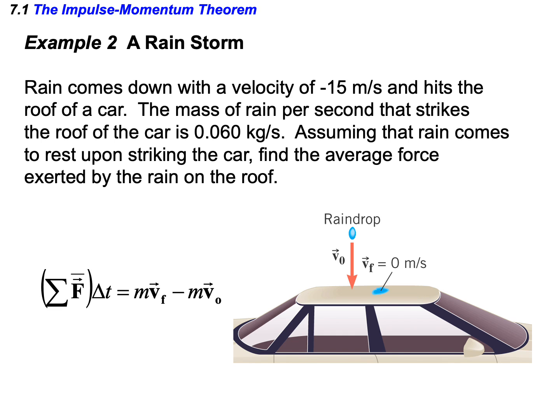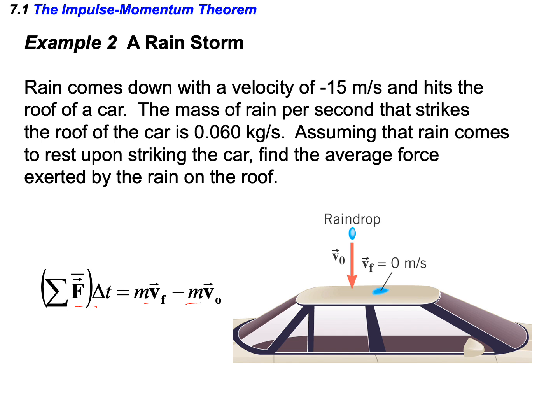Impulse and momentum: we're going to take two examples to see how we can apply this equation, with final and initial momentum, and how the impulse changes depending on incoming and outgoing velocity. In the first example, we see a raindrop coming down and hitting the roof of a car.